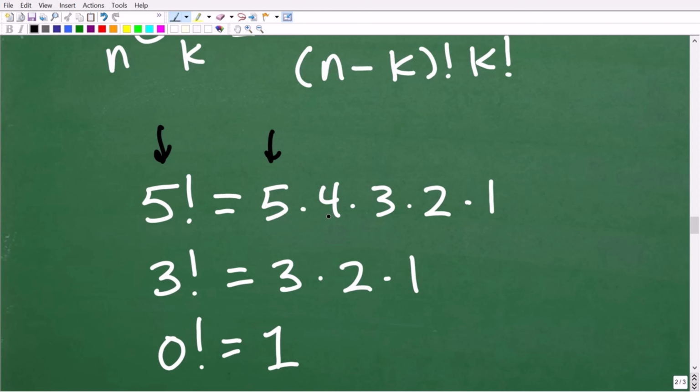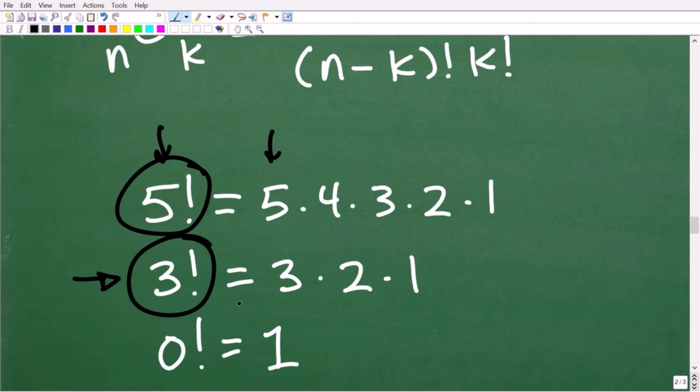So it's going to be 5 times 4 times 3 times 2 times 1. That is what 5 factorial is. Another example, if I wanted to calculate 3 factorial, real easy, that's just 3 times 2 times 1. That's all factorial is. And by definition, 0 factorial is equal to 1.